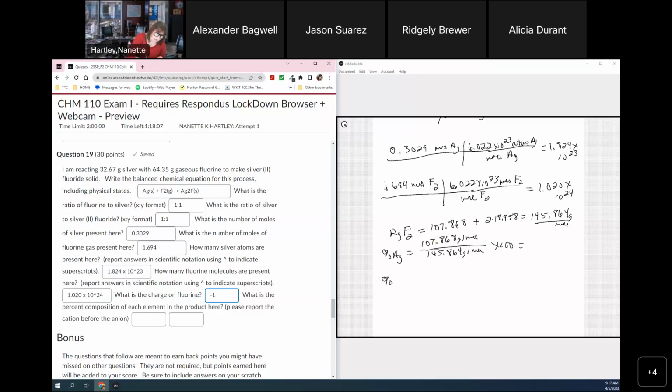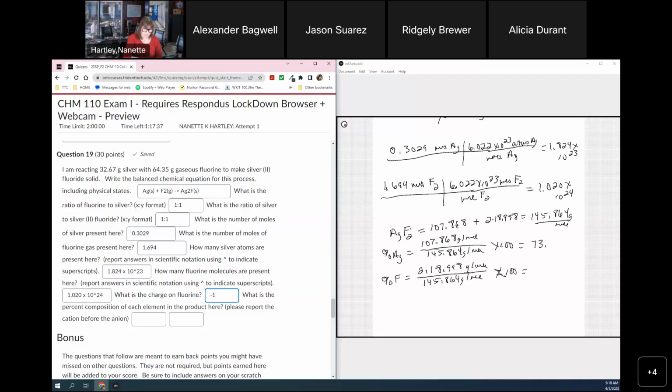My percent F is going to be equal to 2 times 18.998, and again that's grams per mole, divided by the 145.864 grams per mole, and that has to be multiplied by 100 as well. And if I do that happy math, 107.868 divided by that answer times 100.